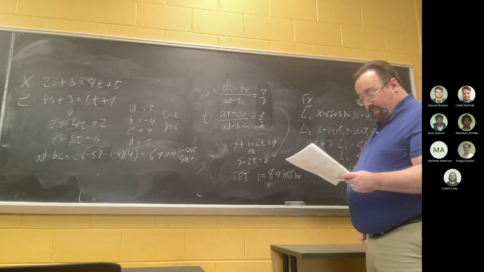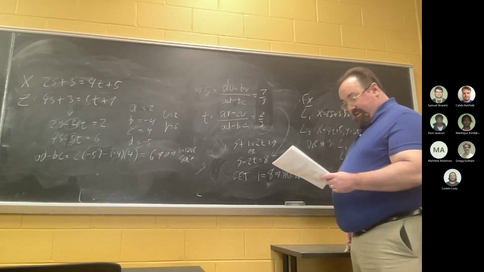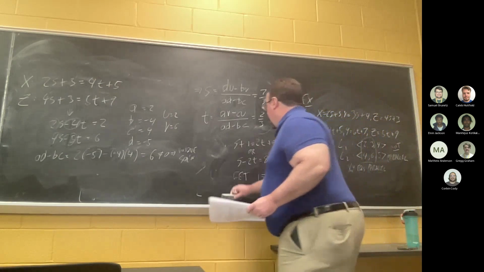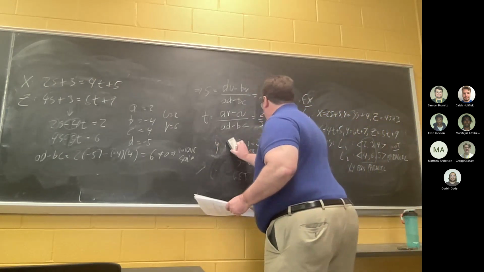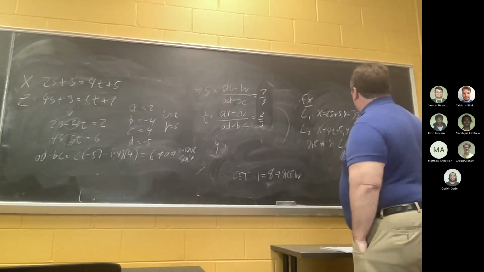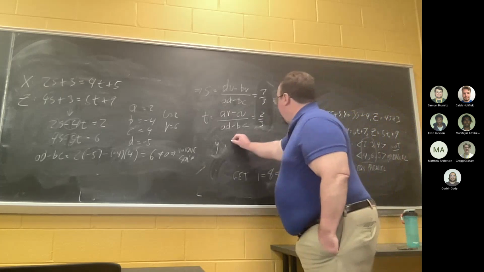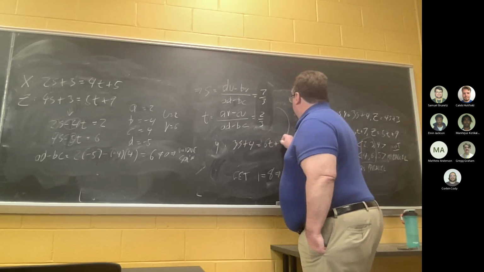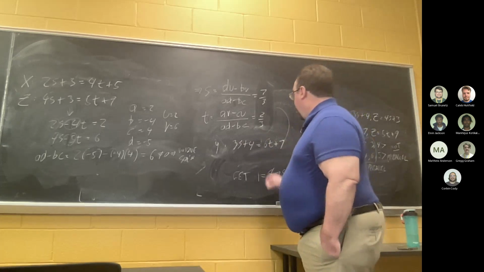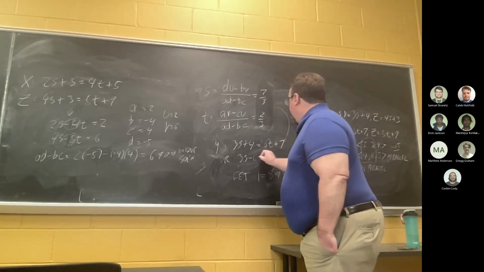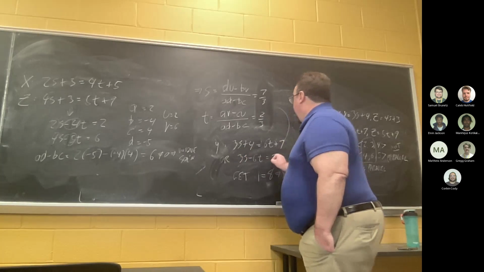But now I have the y equation, and I want to make sure that it is satisfied. So I'll have 3s plus 4 is equal to 6t plus 7, or written this way, 3s minus 6t is equal to 3.